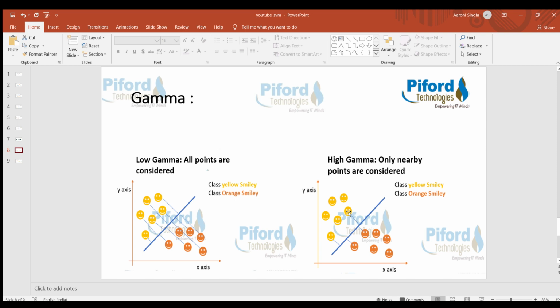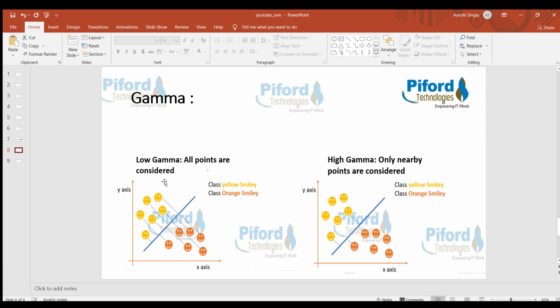This is the closest point. I want to calculate the distance between this point and the line, and then between this data point and the line. In the same way, I want to calculate the distance for this and this. On the basis of the nearest points, we are calculating the separation line, right?